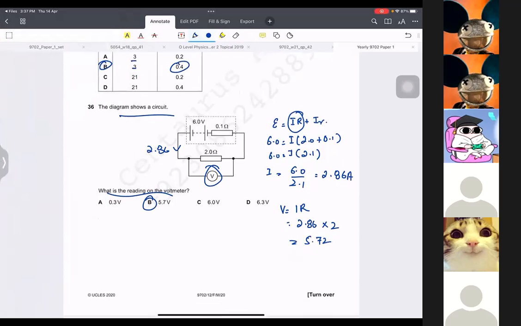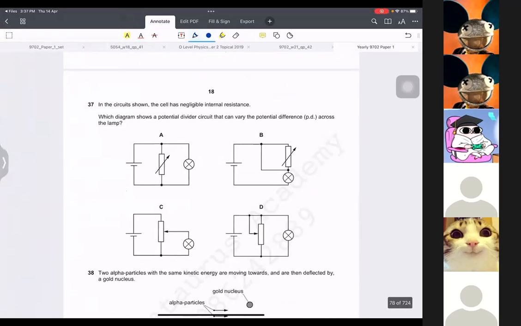Now, question 37. In the circuit shown, the cell has negligible internal resistance. Which diagram shows a potential divider circuit across the lamp? I told you, a potential divider circuit is a series circuit first of all, connected with a voltmeter or something like that. So this is a parallel circuit, so this is absolutely wrong.